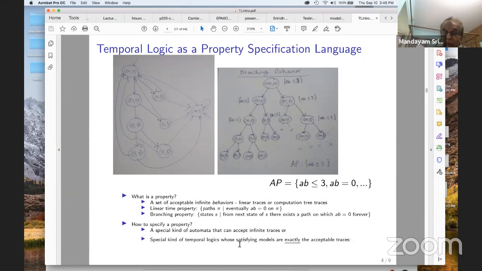In that sense, a formula in the temporal logic will represent the property. So that's the motivation here. In the beginning of the course, we will see the temporal logic way of specifying these properties and how to model check them. Later, we will look at the automata theoretic way of doing it as well.